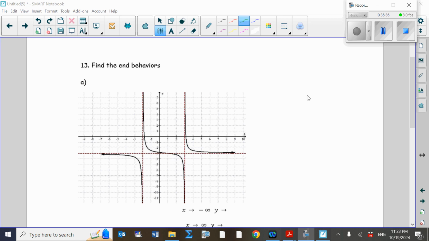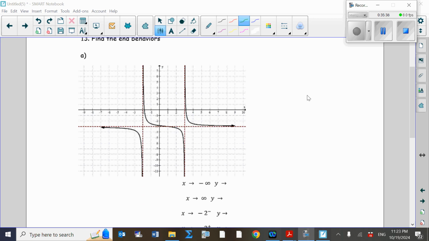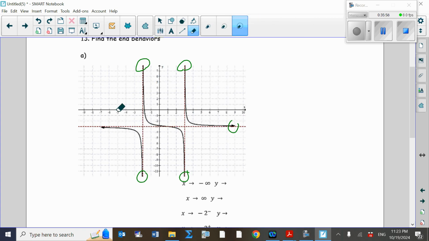Okay, let's look at question number 13. So we want to look for the end behaviors. The end behaviors are all these parts of the graph. I want to know what is happening to x and y of the function at these ends. On the left side here, as you see, if you continue the function, x is going to go to negative infinity.